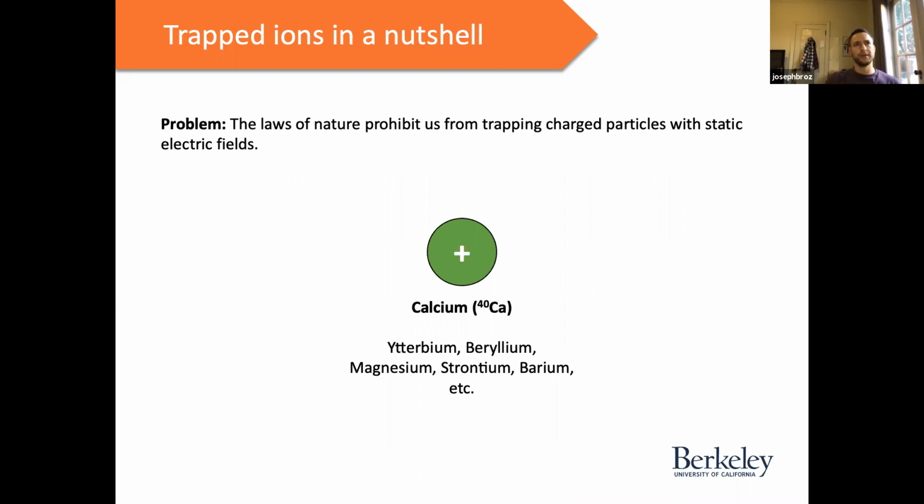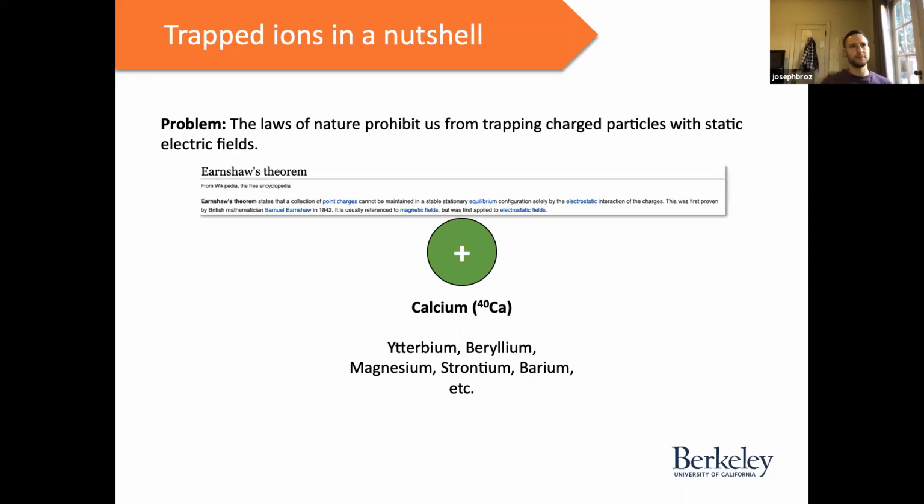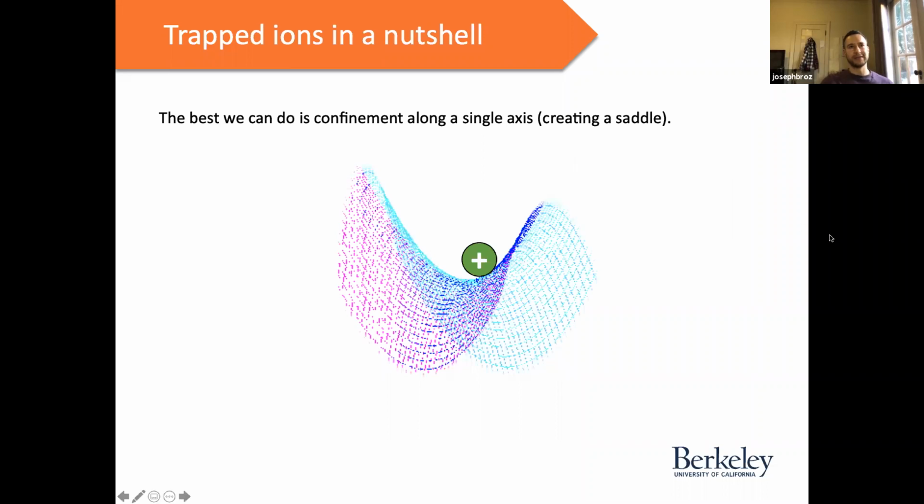So if I want to trap this thing, I run into a problem: the laws of nature fundamentally prohibit me from trapping a charged particle with static electric fields. Sometimes you'll hear people call this Earnshaw's theorem. So basically the best that we can do is create this quadrupole potential, which looks like a saddle.